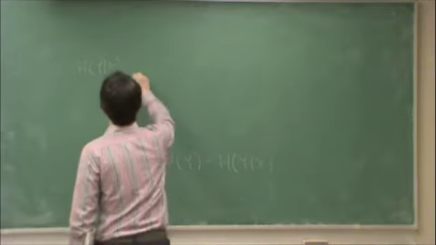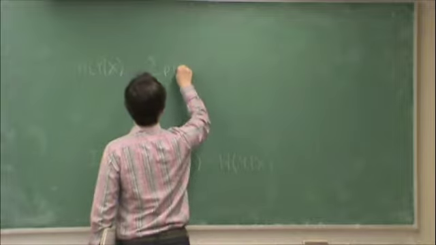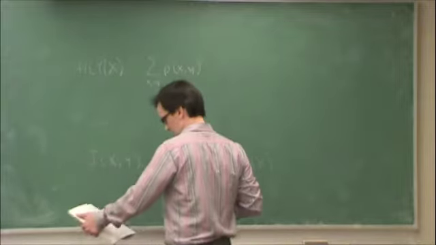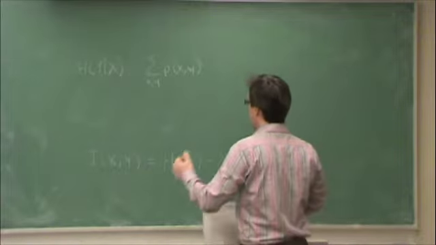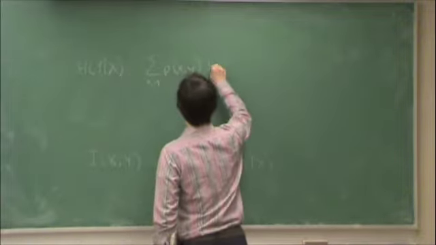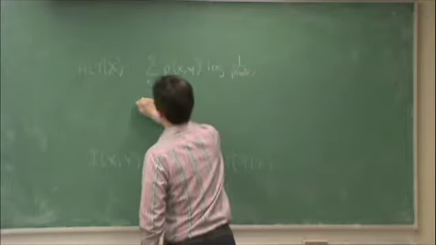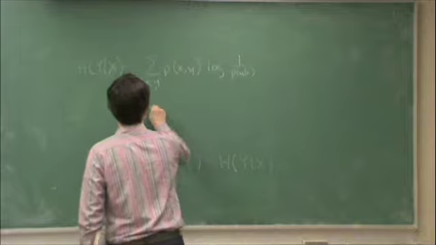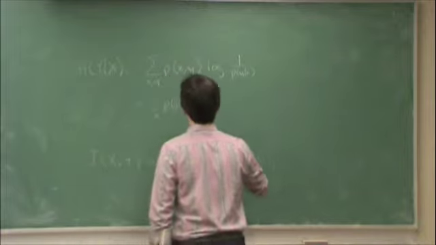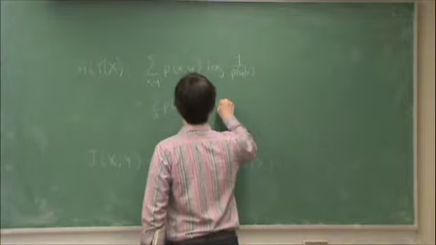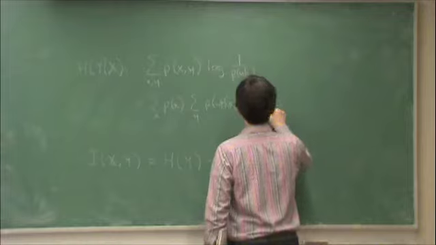This is equal to the sum over x and y, probability, preferable to express it this way. Sum over x, p of x, sum over y, p of y given x, log 1 over p of y given x.